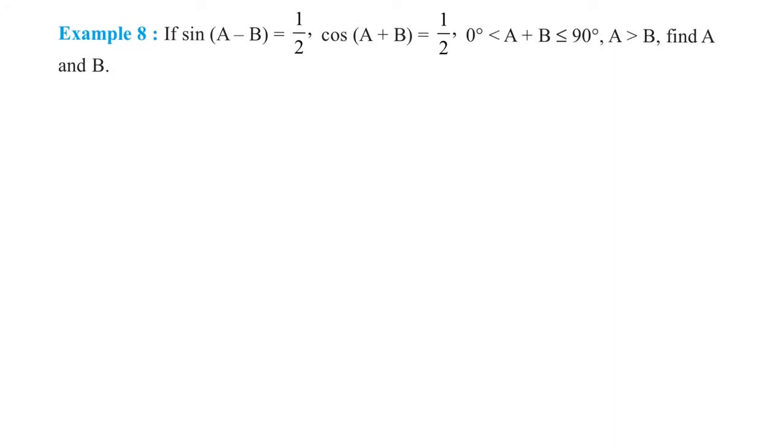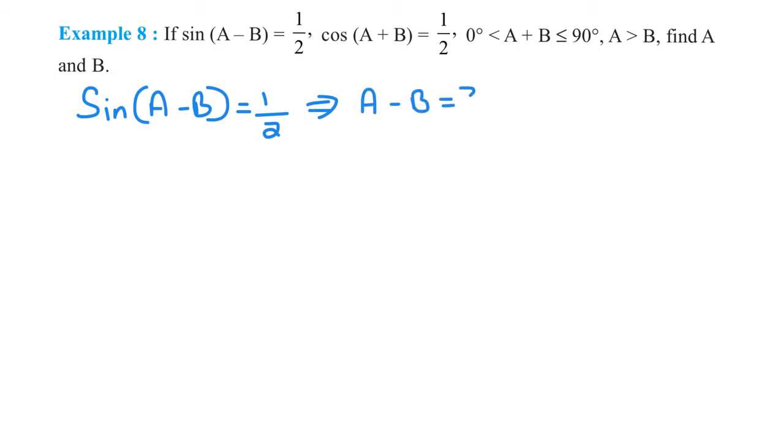If sine A minus B is equal to half, for which angle of sine is the value half? For 30 degrees, because sine 30 degrees is half. So A minus B then is 30, isn't it? A minus B is equal to 30 degrees.